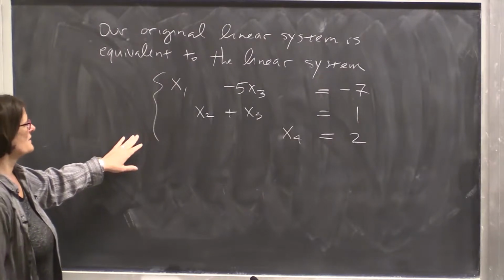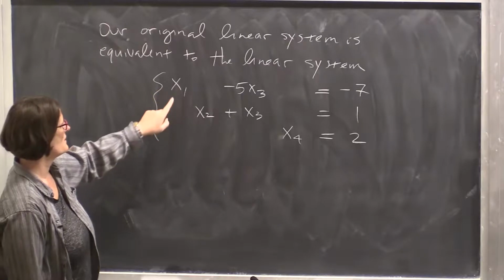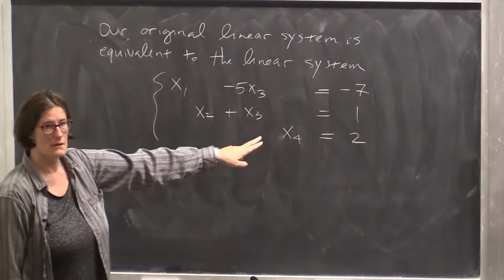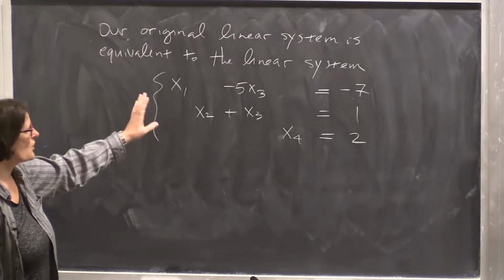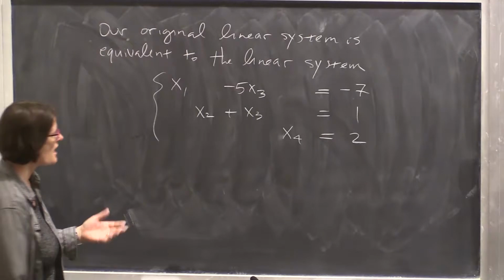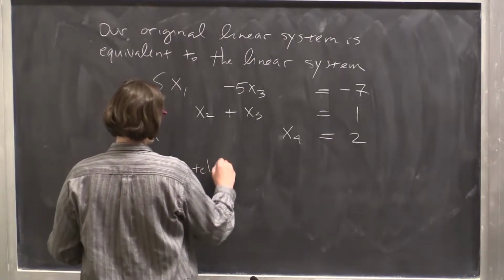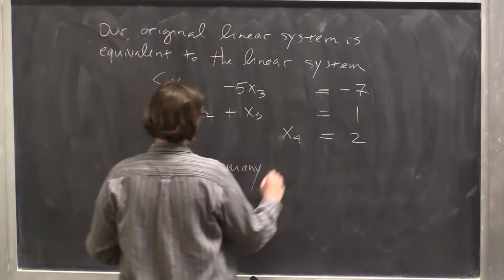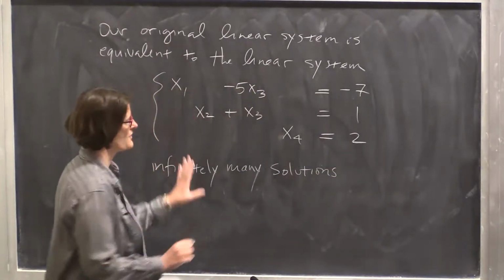On the other hand, here you have 2 equations and 3 unknowns, x1, x2, x3. So for sure you know x4 is 2, but you don't know what x1, x2, and x3 are. So at this point you know immediately there will be infinitely many solutions.